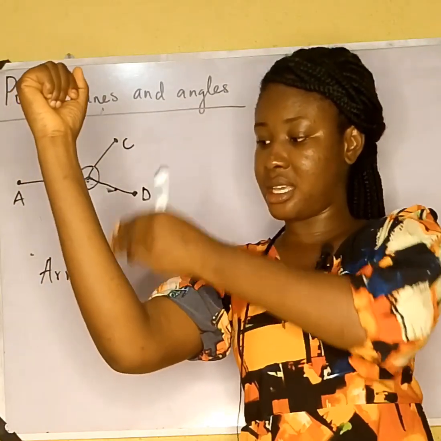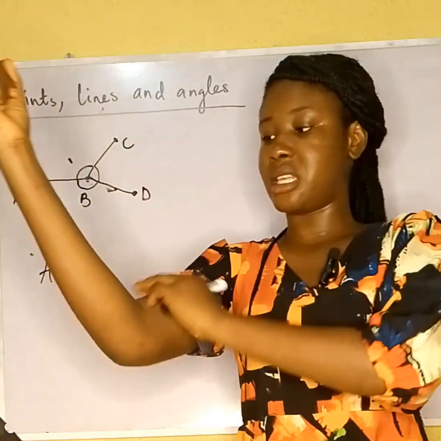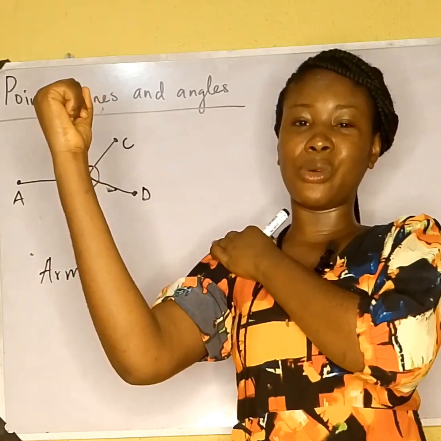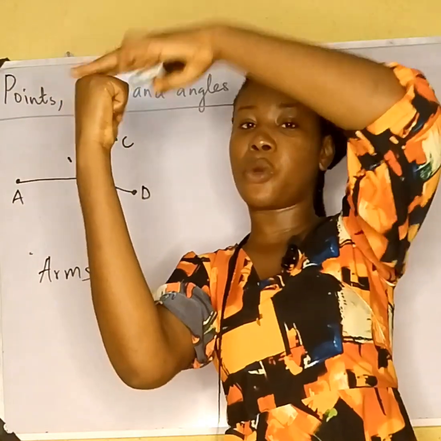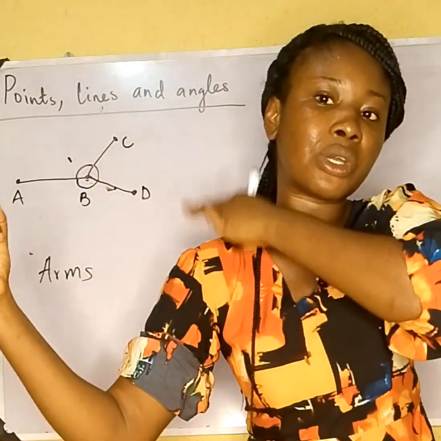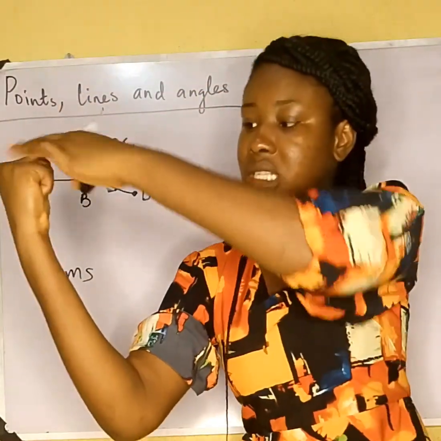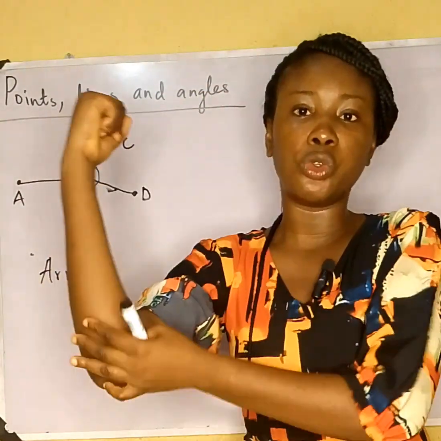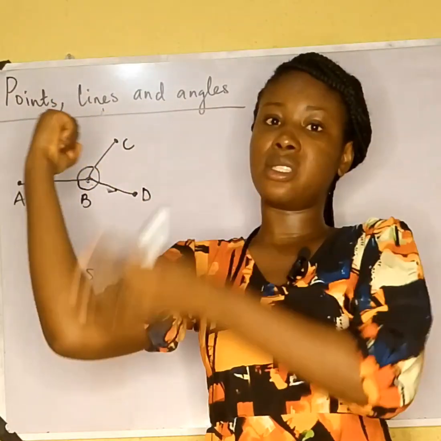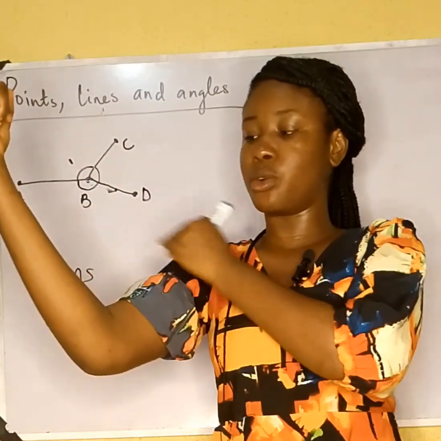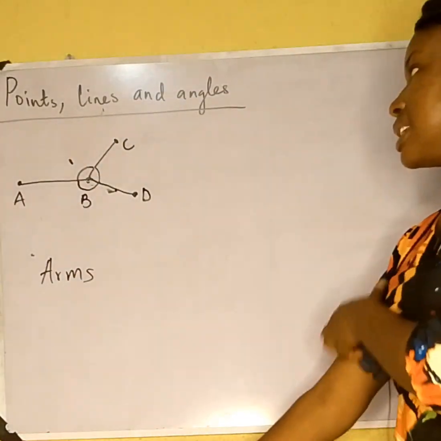If the angle is here, where is the arm and the arm that connects the angle? And the beautiful part is that the angle is formed at a point. There is a point at the end of this hand, and there's a point at the end of this hand. So those 3 points are what we use to name angles. Did we get that? The 3 points that form the ends of the angle are what we use to name the angles.